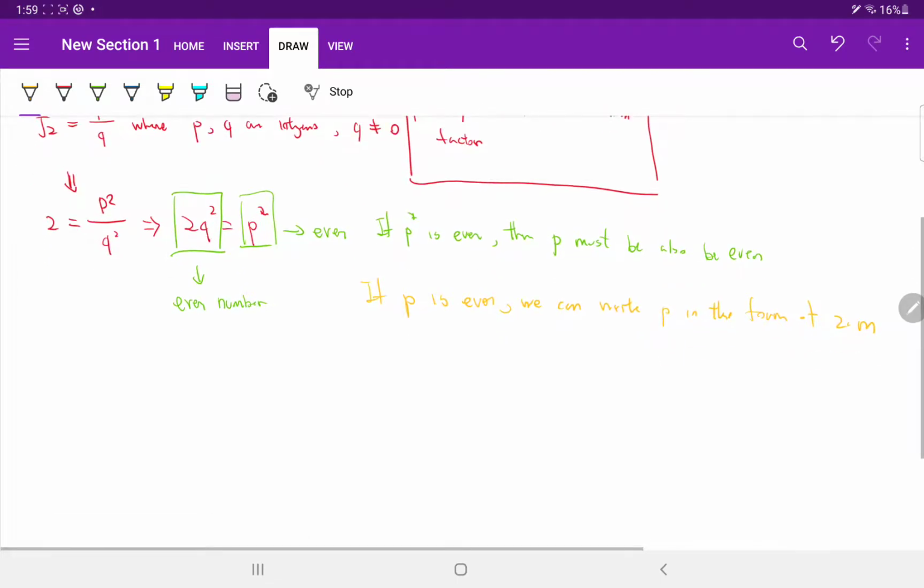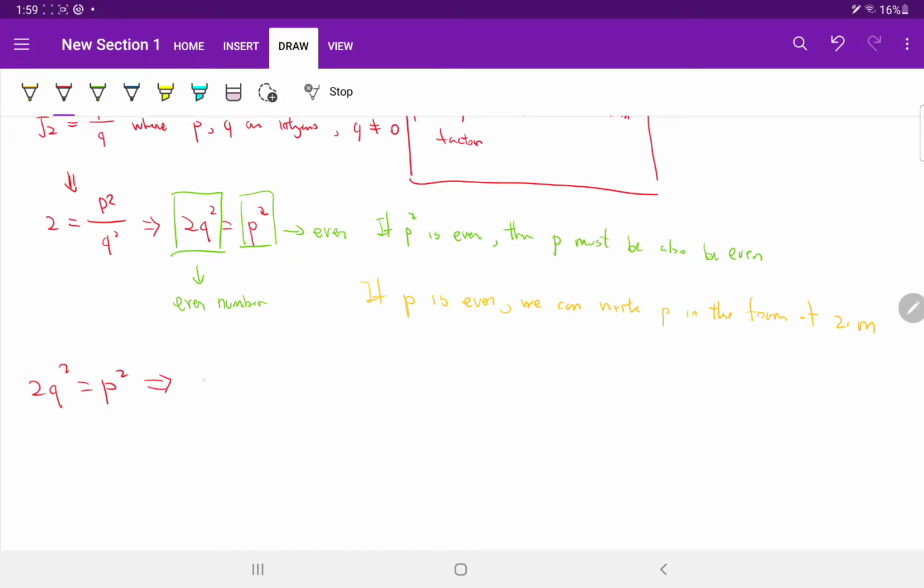So let's go further with our equation. 2q squared equals p squared. We know that p is 2m, so we can change this to 2q squared equals (2m) squared. I just replaced p with 2m because they're both even, so they're equivalent, right?